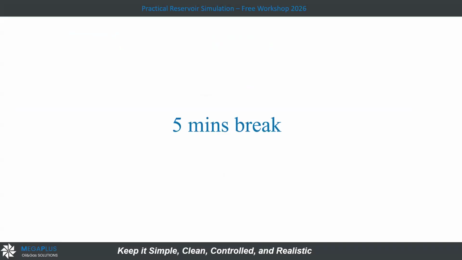I know that this topic is very full of details, and I'm sorry for that. But this is how simulation works, and how phases or components change with pressure. So I think we could have a 5 minute break, and I promise you the next section after the break will be much easier.